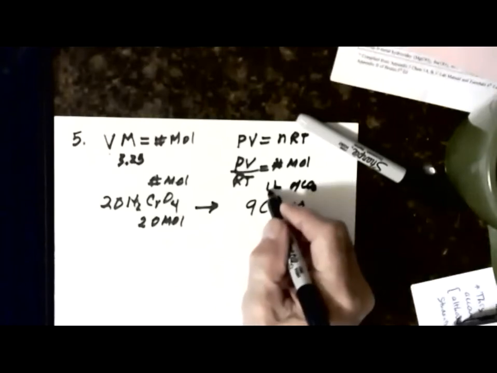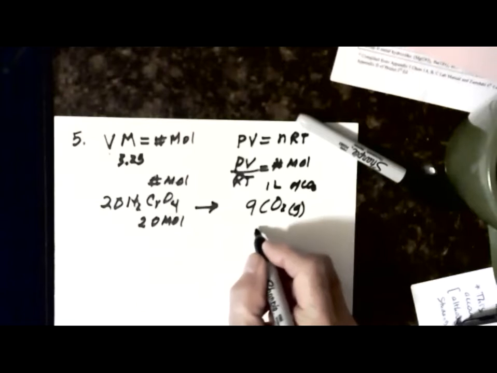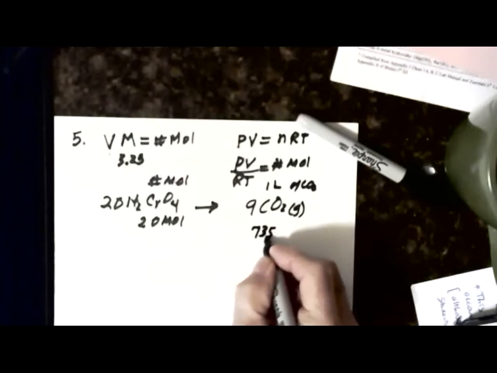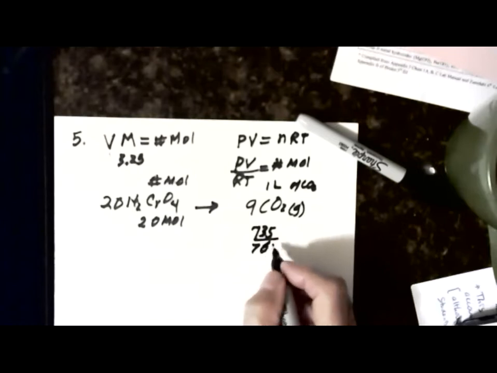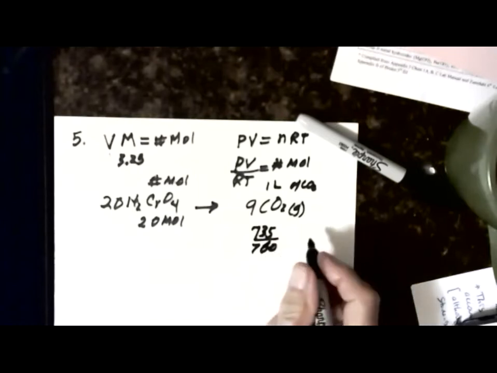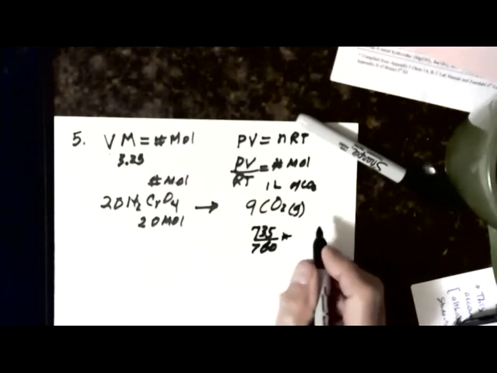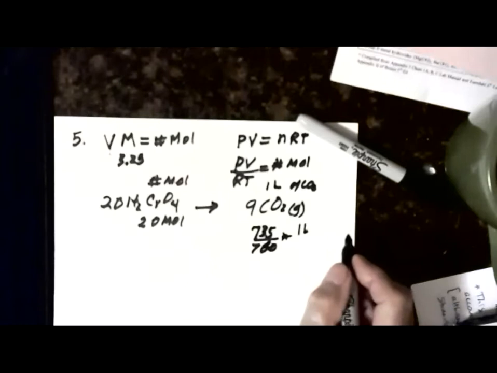So I can get number of moles here by doing PV equals nRT. All right, let's do pressure. Pressure was 735 divided by 760. Remember, we have to get into atmospheres. That's pressure multiplied by the volume. The volume I want is 1 liter. That is in the appropriate unit.